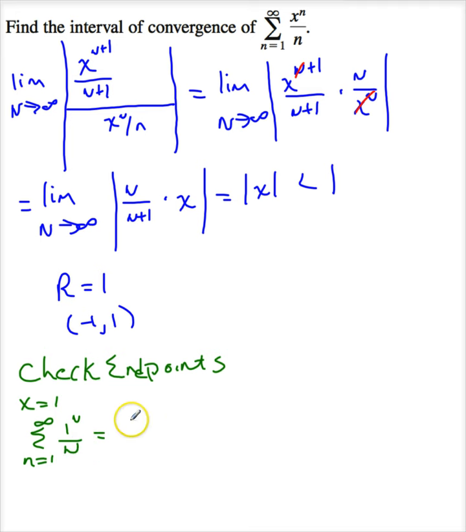So when x is 1, I'm checking the right endpoint. Now this is divergent. This is the harmonic series, and so this diverges.